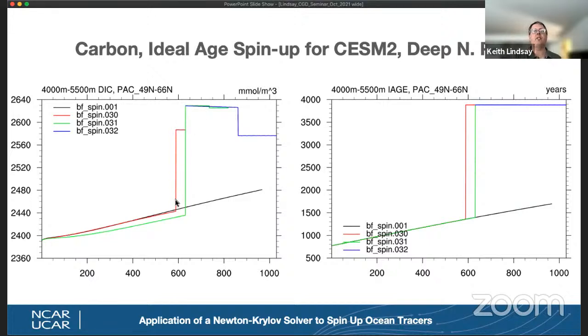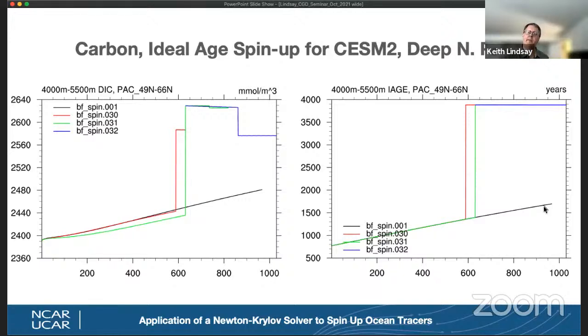And you can see that when the Newton-Krylov is applied, the drift goes away. What we eventually initialized our model with was the end state of experiment number 32. Over the last few hundred years, there's very little drift in experiment number 32 for carbon, and also very little drift in age compared to what we saw with the initial run without Newton-Krylov.